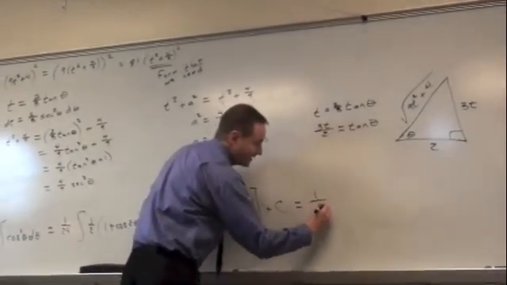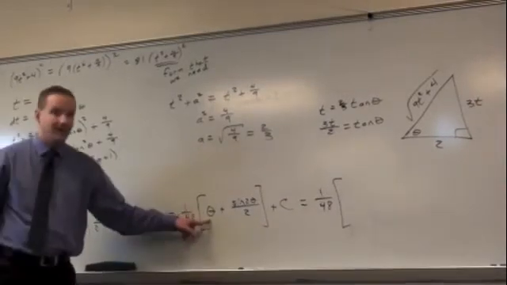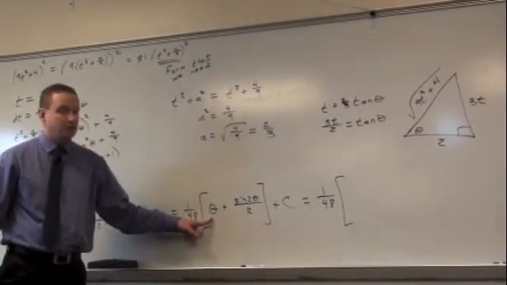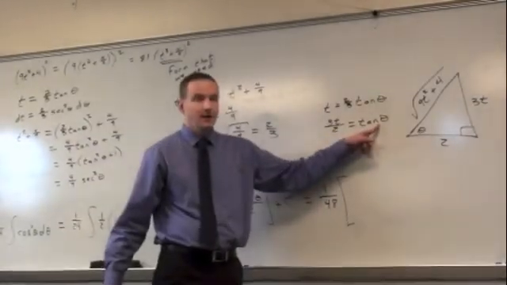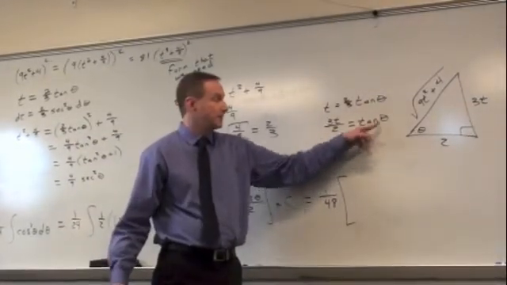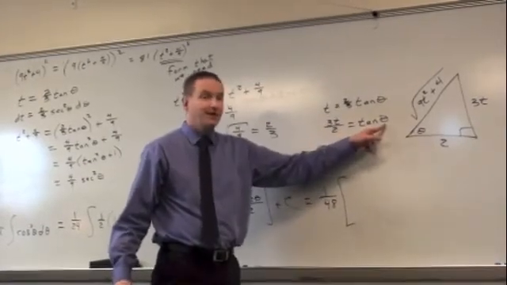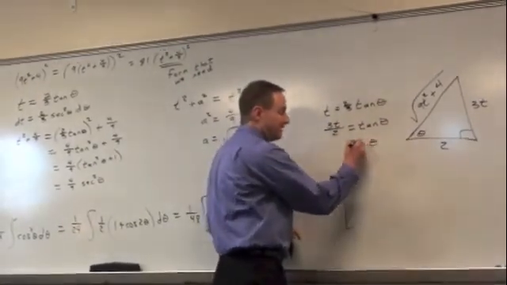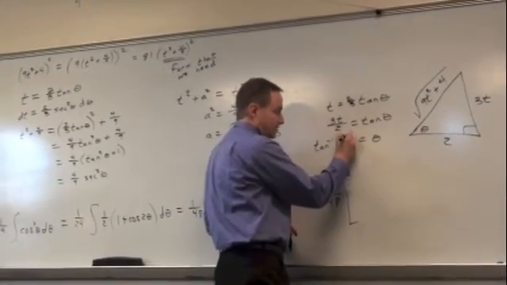1 over 48 times the group: theta. Now, the trig triangle doesn't help with theta. You actually need to go to this instead and say, well, you know that the tangent of theta is 3t over 2. If you solve for theta, theta is going to be the inverse tangent of 3t over 2.